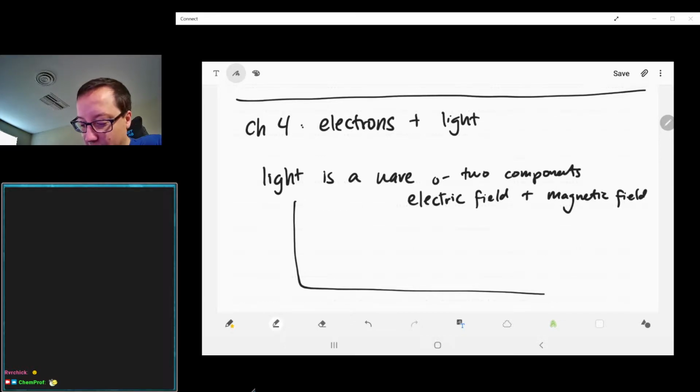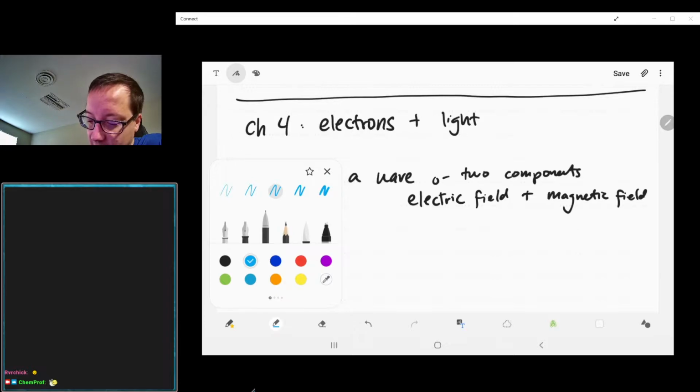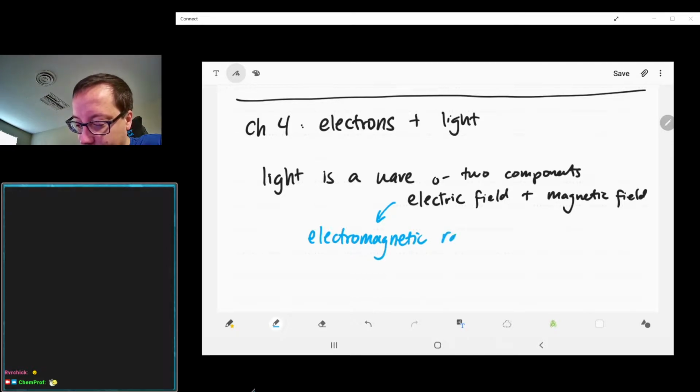And so light is often described, why did I put this graph here? We don't need a graph. We often call this electromagnetic radiation. Electromagnetic radiation, same thing as light.